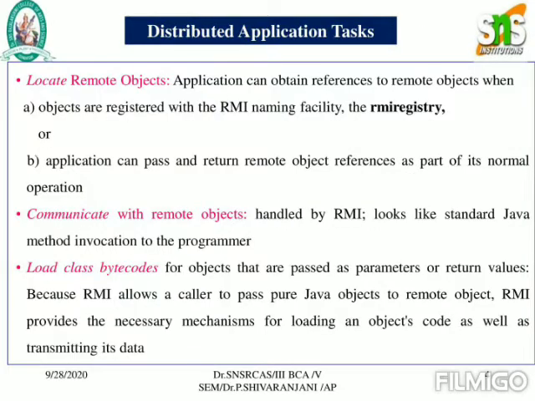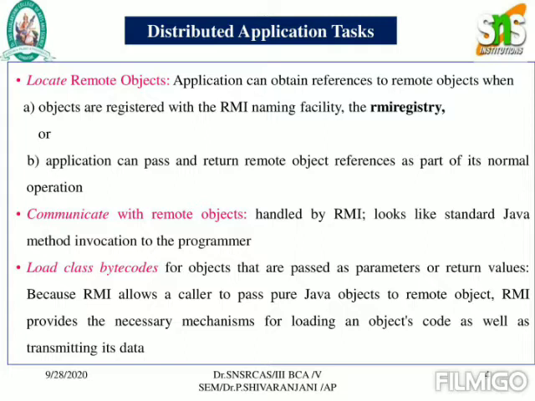The next one is distributed application tasks. Here we learn about locating the remote object, communicating with your remote object, and third, loading your class bytes. The first one is locating your remote object. Applications can obtain a reference to the remote object with the help of two methods.